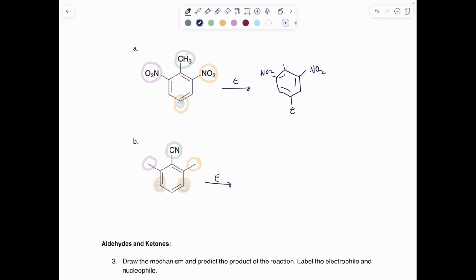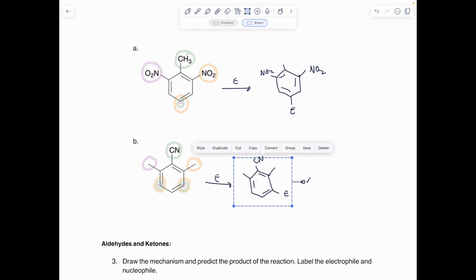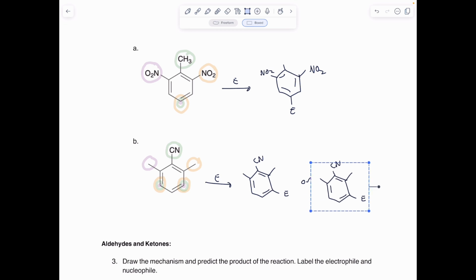If you had an electrophile, you could either get this product or this product.